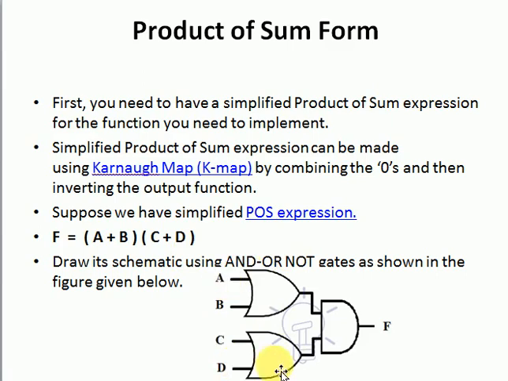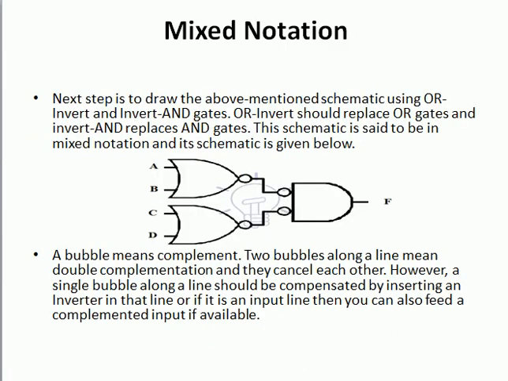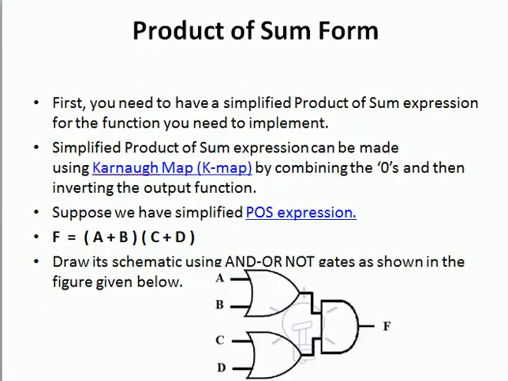Now we will change this circuit into the NOR implementation. The second step is the mixed notation. In this step we have to draw the above schematic using OR-invert and invert-AND gates.